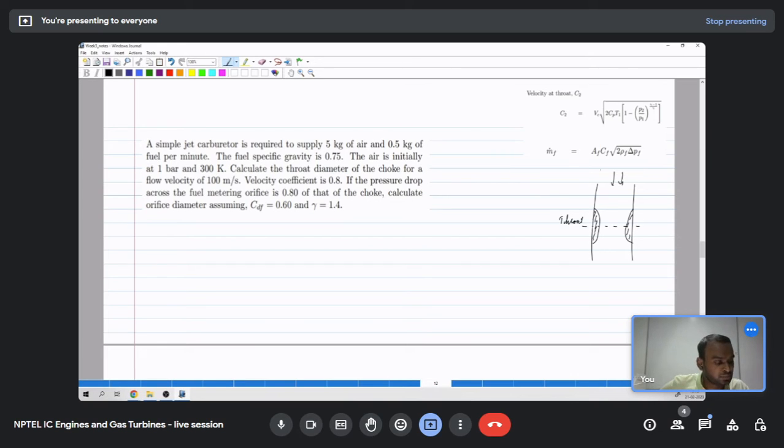That means the pressure at throat will be, I put this as 2 and this as 1, pressure at 2 will be less than pressure at 1, but velocity at 2 will be greater than velocity at 1. And to supply fuel to the engine, there will be a fuel float, which will have fuel at this level, and this will be at 1 atmosphere, P ambient.